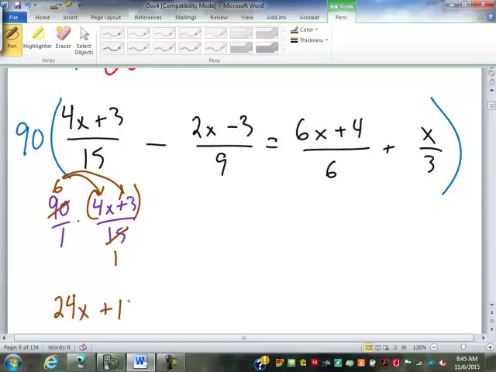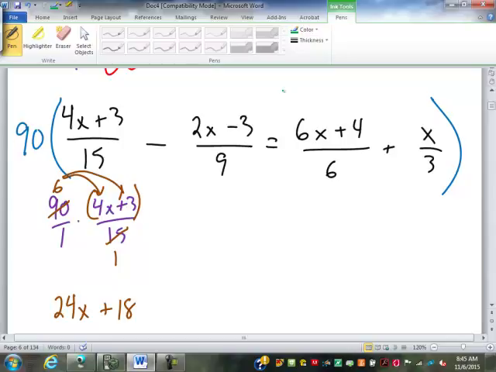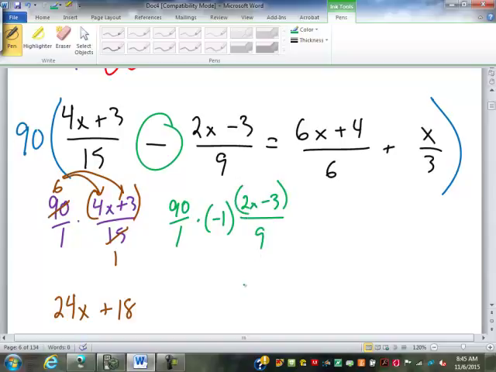This next one is where we have some major difficulties because of that thing. So this is really a negative 1. So this is 90 over 1 times negative 1 times 2x minus 3 over 9. Does that make sense?